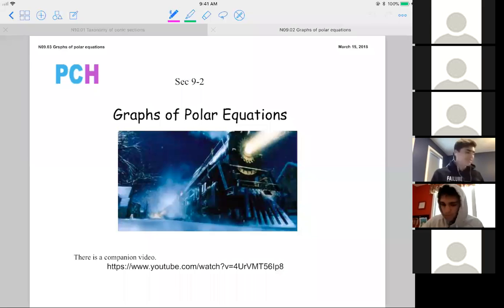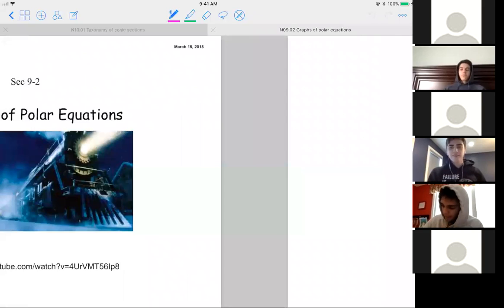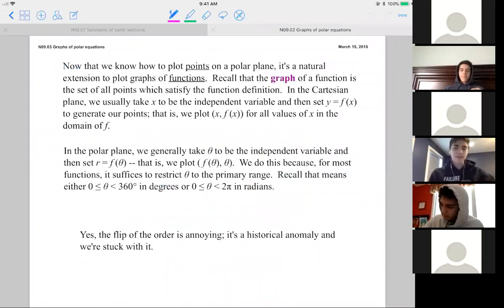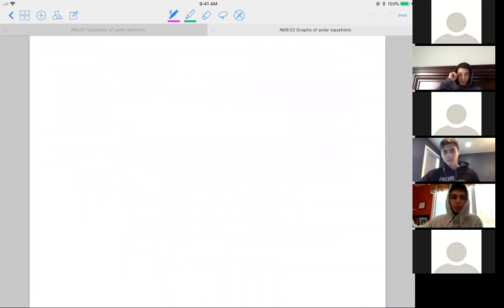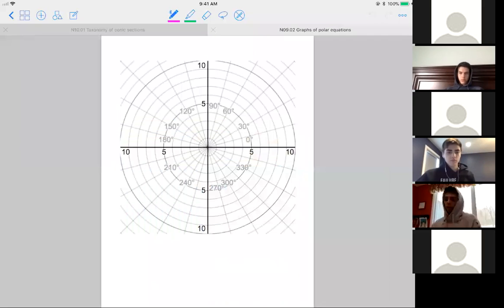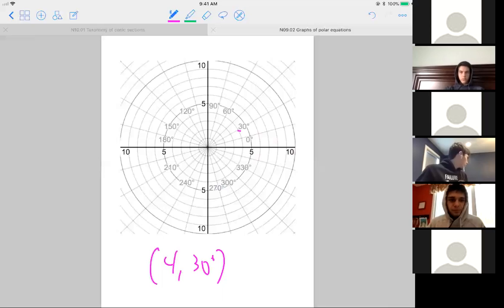So far, what we've done in this chapter has not been very deep. We've learned how to plot points. I know that sounds very silly, but without plotting points, it's really impossible to do anything more interesting. As a quick reminder, you can plot a polar point like 4, 30 degrees, which means go out to the 30-degree line and go out 4 units.